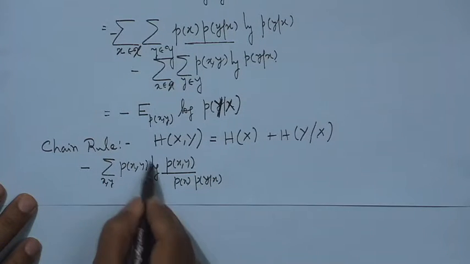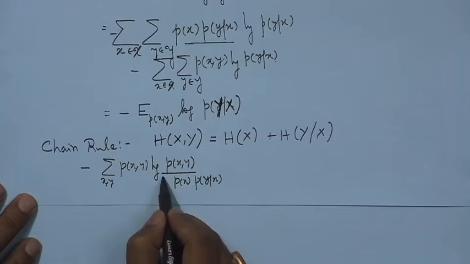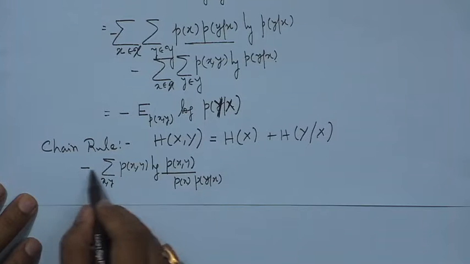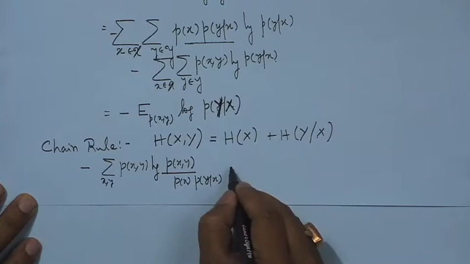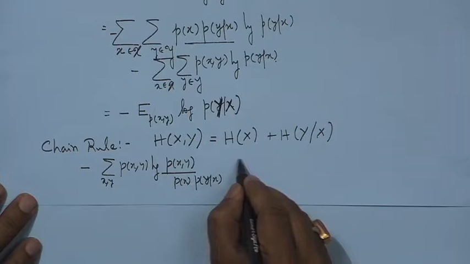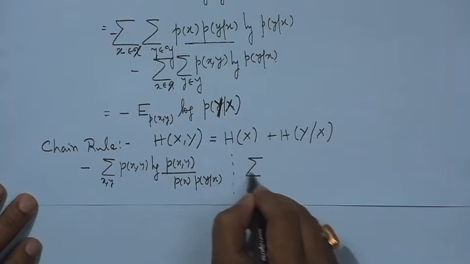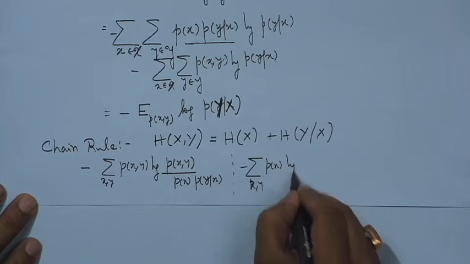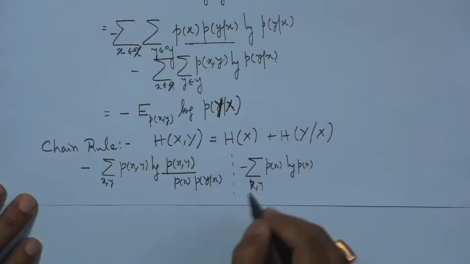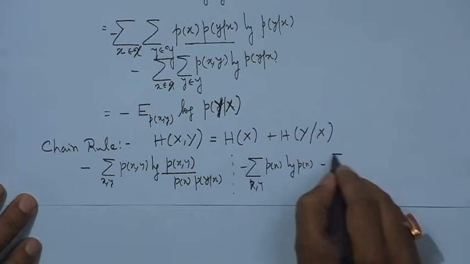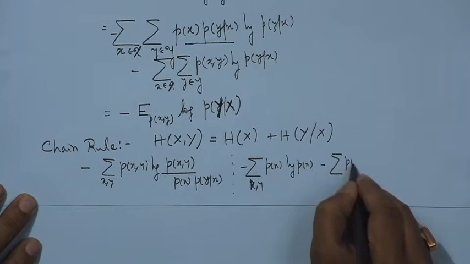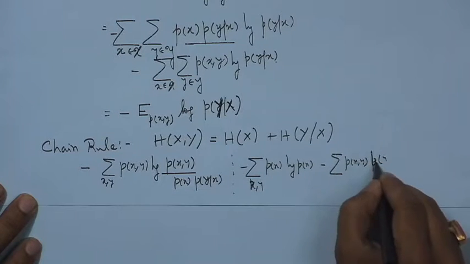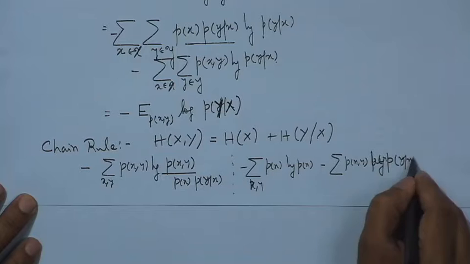You would be left with minus the sum over x,y of p(x,y) log p(x), and another term, minus the sum of p(x,y) times log p(y given x).